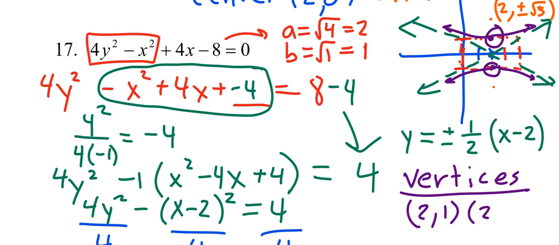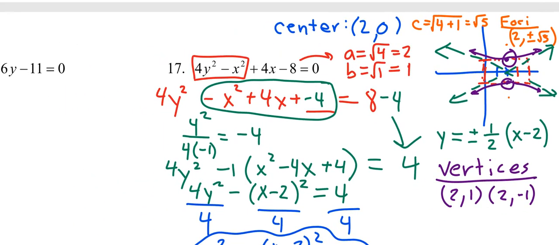And 2, -1. Miss Johnson, do you care if we do it that way or we just do 2 plus or minus 1? No, that would be fine. I'm not going to be picky about that.